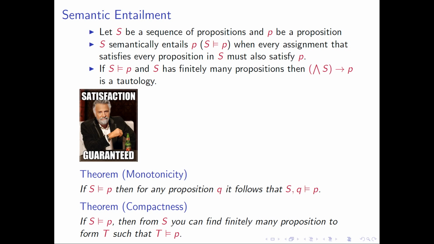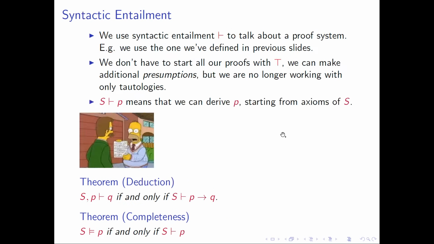If S implies P, then a finite subset of S implies P. So you can pick finitely many propositions from S that together semantically entail P. Right. So that's semantic entailment.